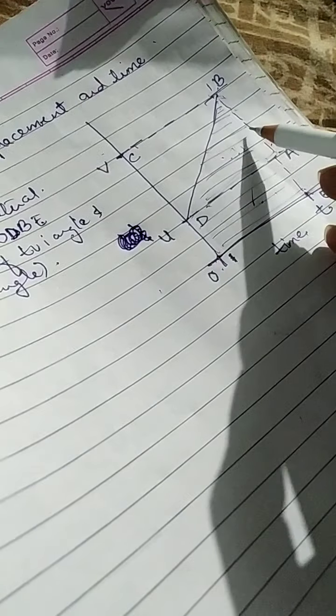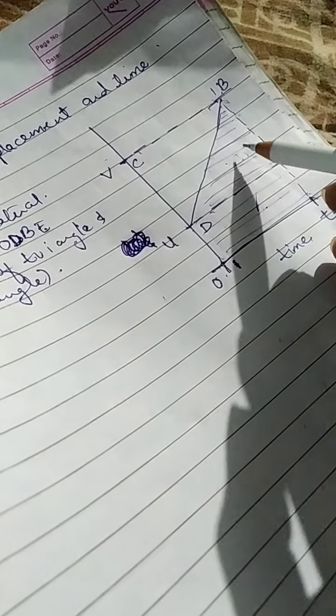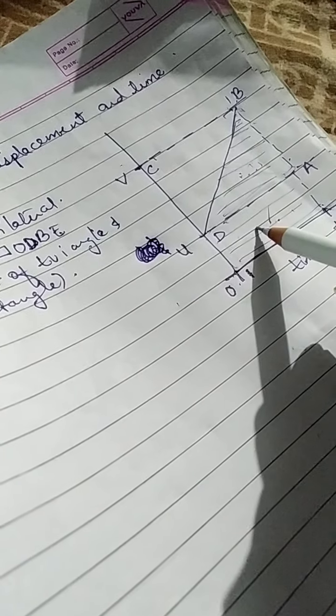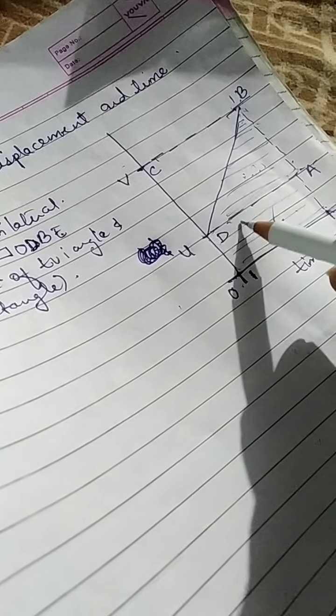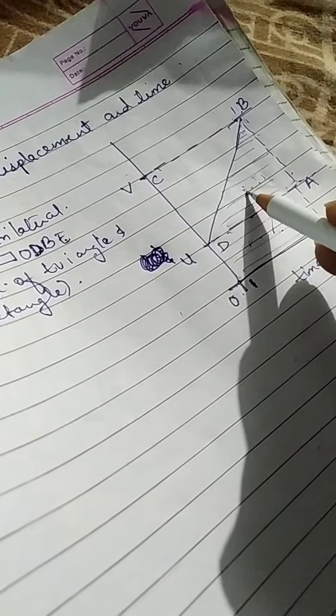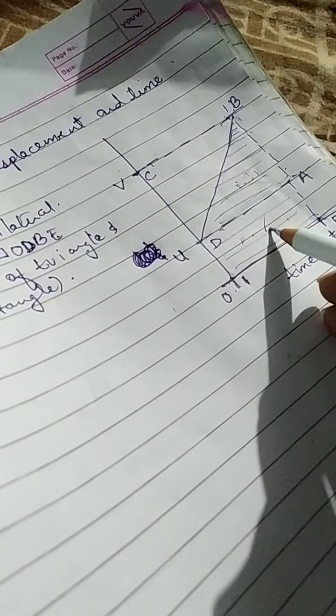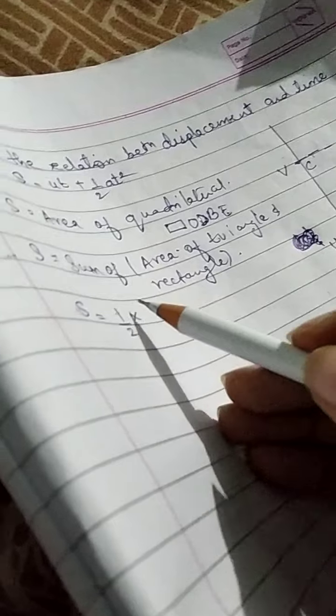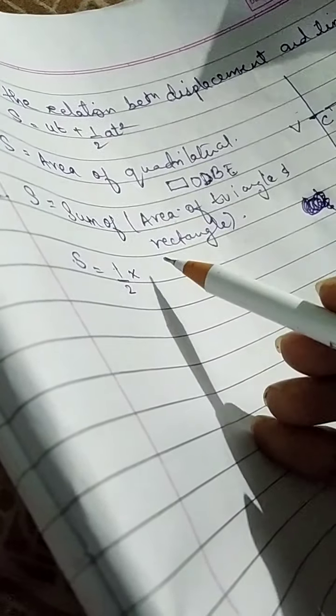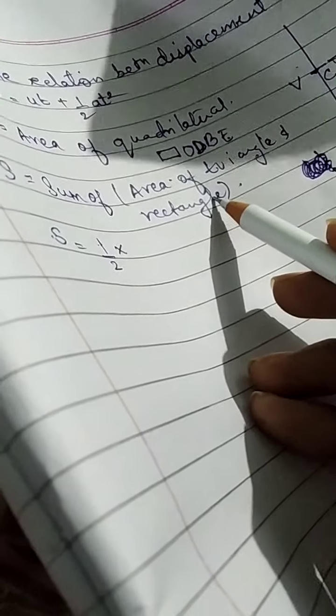Now you can see in the area of a quadrilateral ODEB there is one triangle and one rectangle. So we can say the whole quadrilateral is the sum of area of a triangle and area of rectangle. So we can write it like this: the sum of area of triangle and area of rectangle.